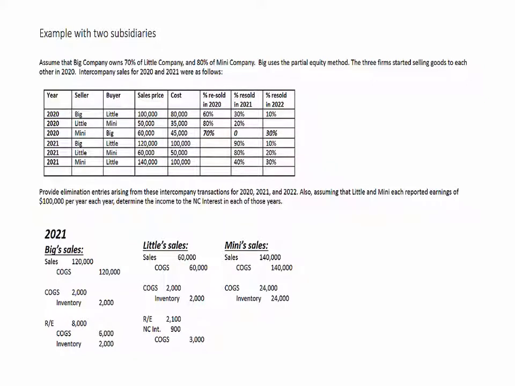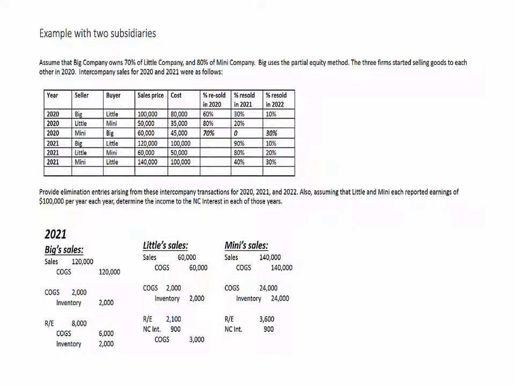Finally, we carry forward the unrealized profit from the previous year. And again, looking at that third line, what happened back in 2020 with Mini's sales? There was a $15,000 gross profit, 30% of which was deferred, $4,500, and none of that merchandise was resold in the current year, 2021. So none of it is being realized this year. It's all continuing to be carried forward as an unrealized profit.